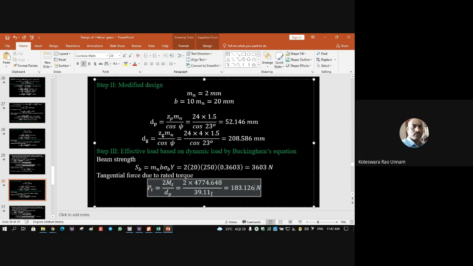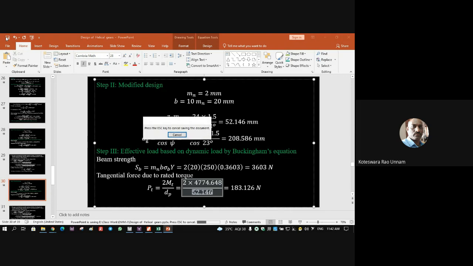So here you have to consider 52.146, which is the diameter. The pitch circle diameter of the pinion is 52.146. In that case, you will get your PT as 183.126 newtons. If you do the calculation, you will get that value.